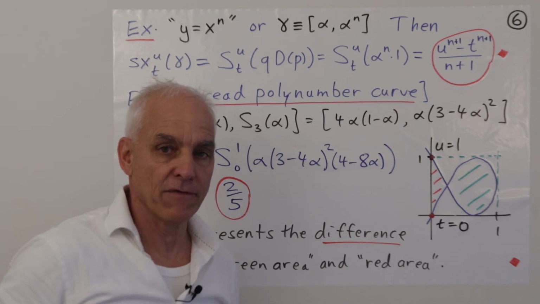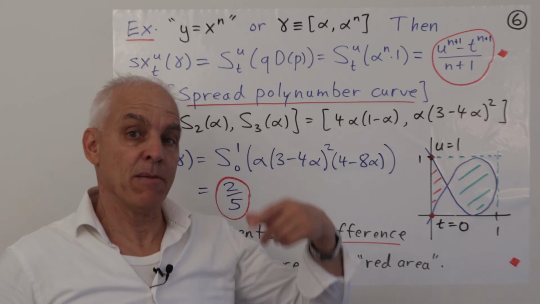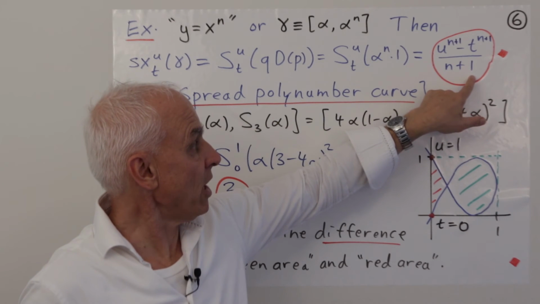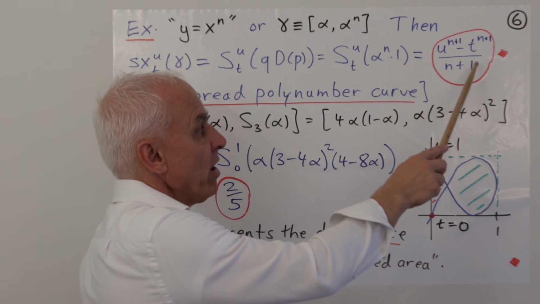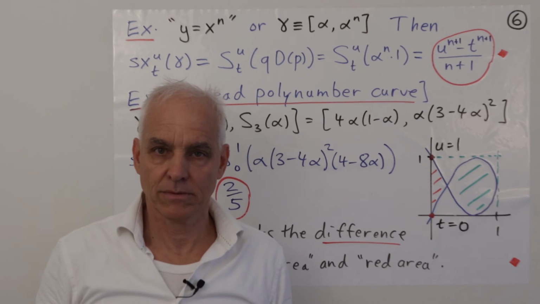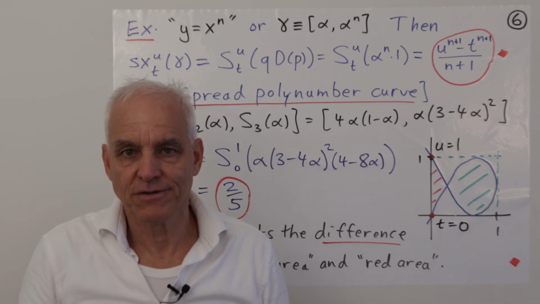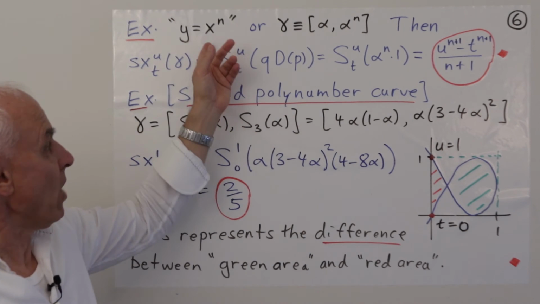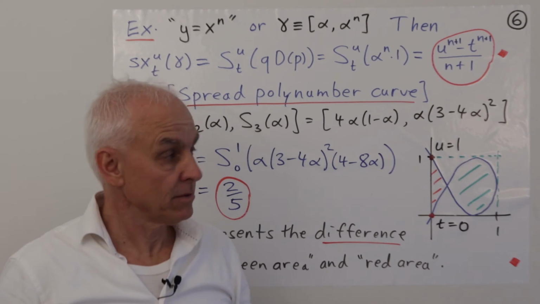So we're integrating alpha to the n. When we integrate that, we get alpha to the n plus 1 divided by n plus 1, so there's an n plus 1 in the denominator. Then we evaluate from t to u: u to the n plus 1 minus t to the n plus 1. So we are recovering the standard formula from calculus, which is the area under y equals x to the n from t to u.